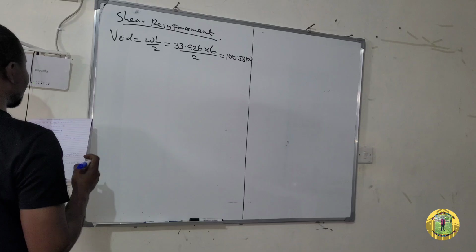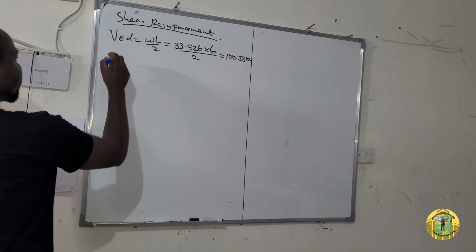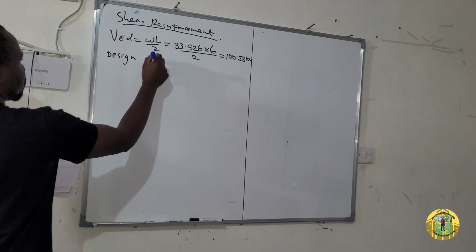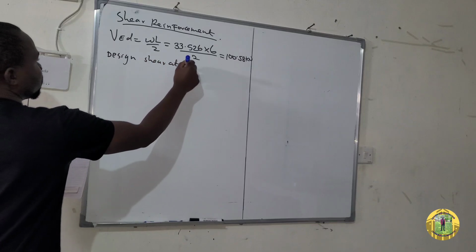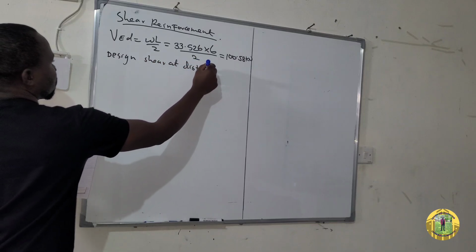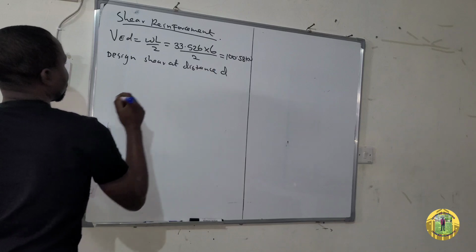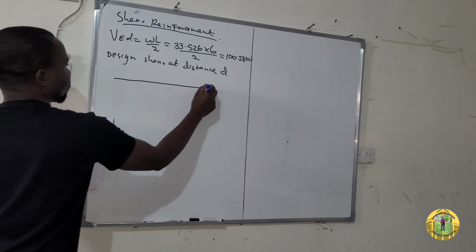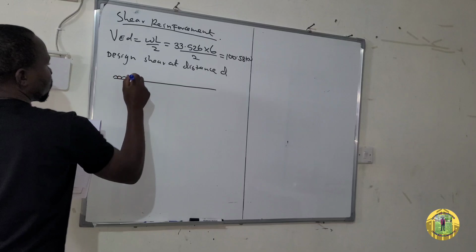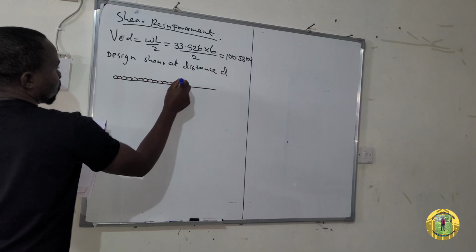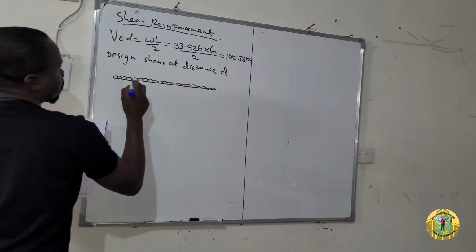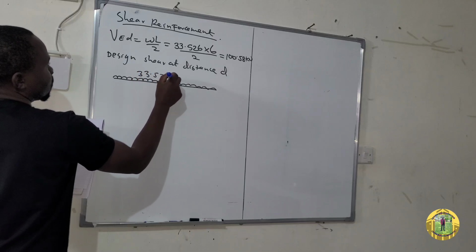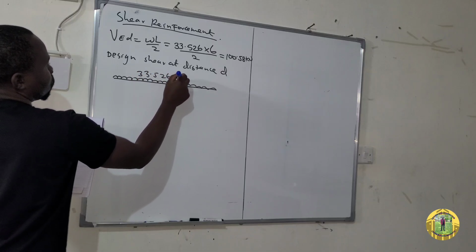And therefore, we will calculate design shear at distance D. So if this is our beam, it is loaded with 33.526 kilonewton per meter.